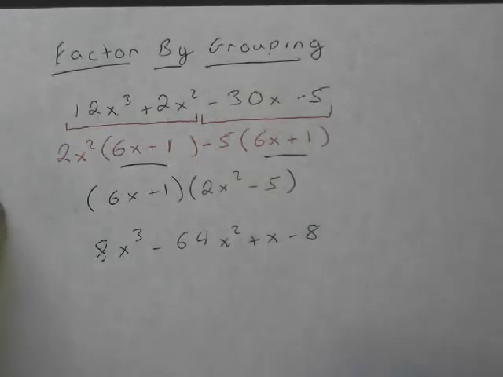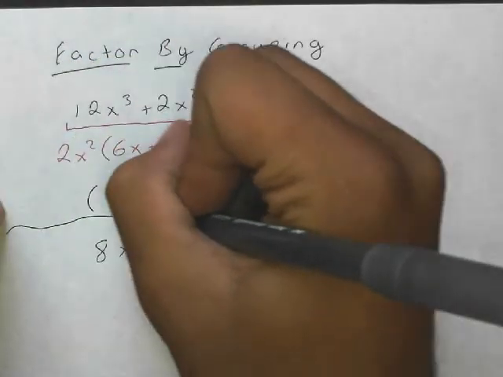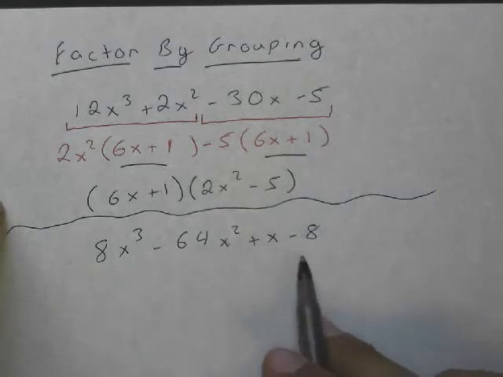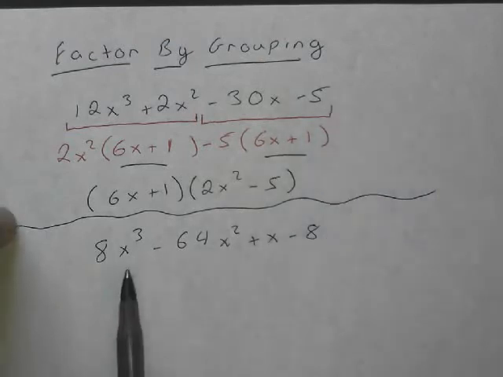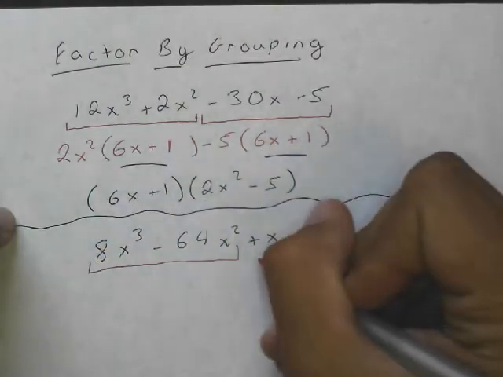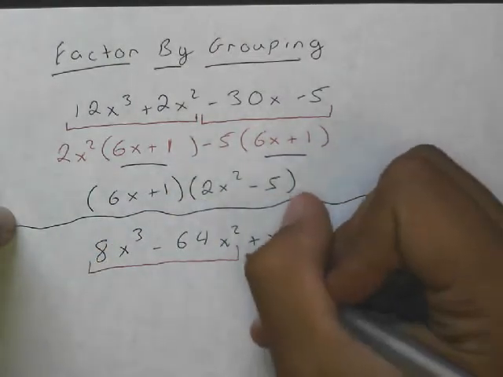Alright, hopefully you finished. So here's our problem. 8x cubed minus 64x squared plus x minus 8. Again, using grouping, 4 terms, no GCF amongst all of them. So let's start by grouping our first 2 and our second 2.